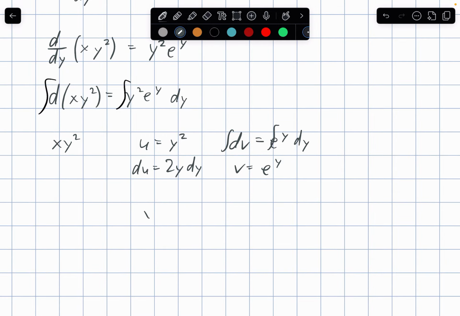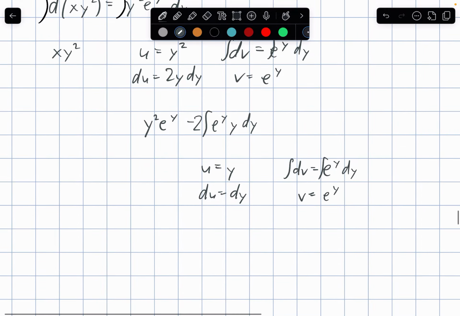Okay, u is y squared, v is e raised to y. Uv minus integral v du. Okay, correct so far. Y squared e raised to y.